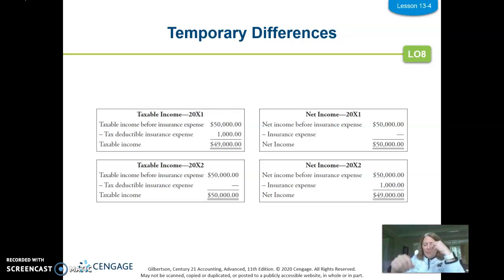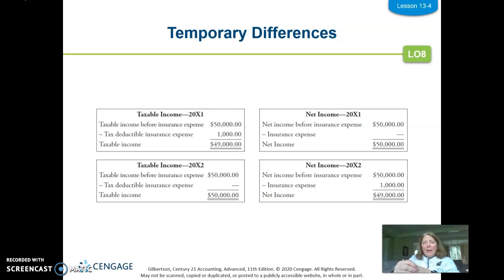But under tax purposes, they usually let you do an accelerated method, which means that I'm getting higher deductions and higher expenses, and hence a deduction in early years, and I pay less in later years.